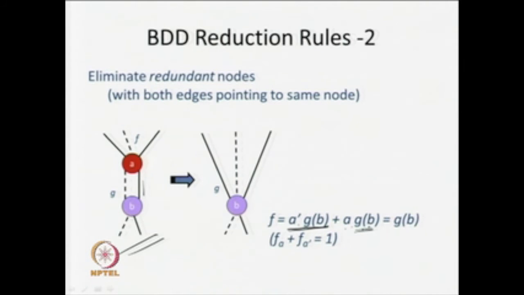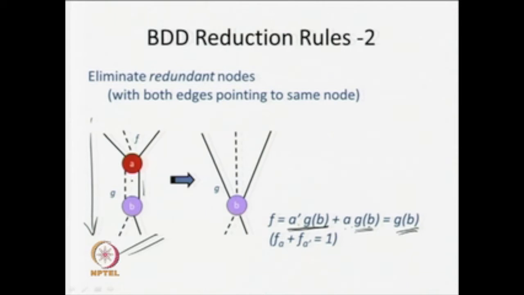So, A dash G B plus A G B is equal to G B. That means whatever function we have is redundant or irrelevant to the decision of A in this path.